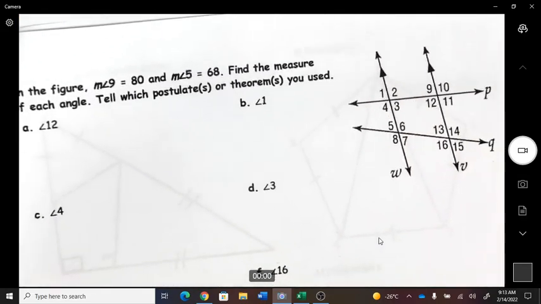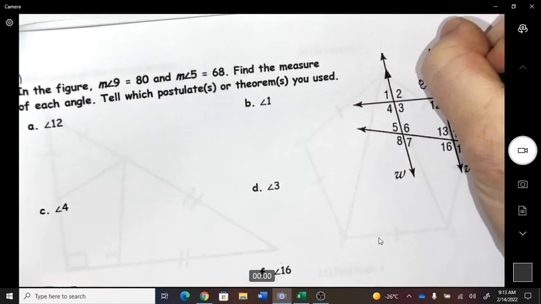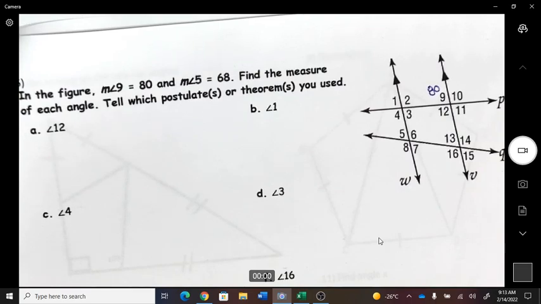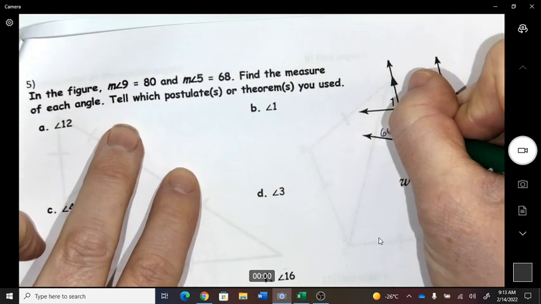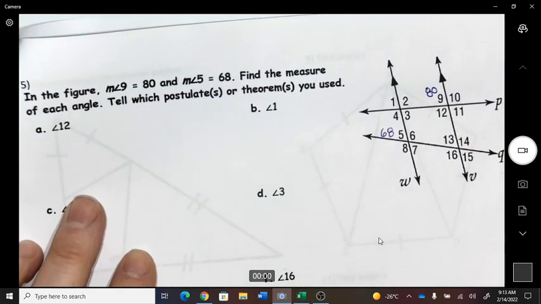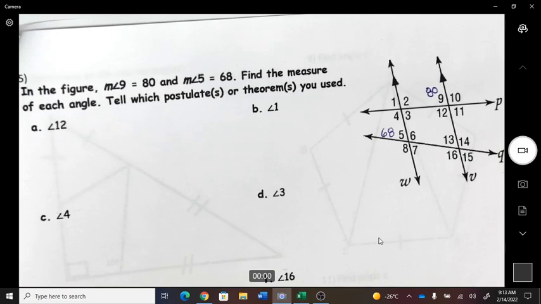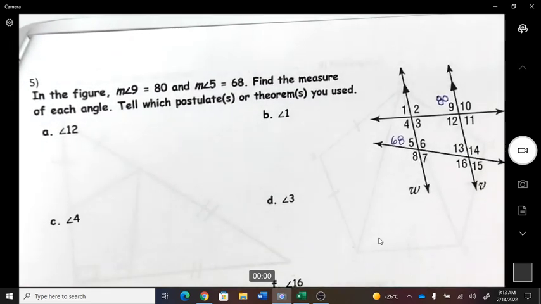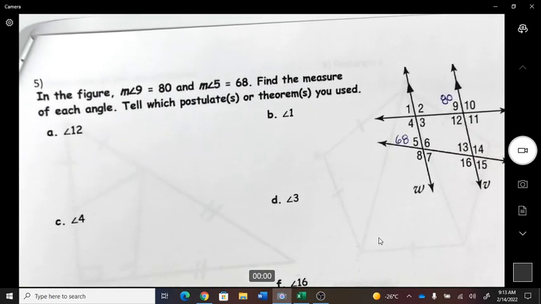Okay, in this figure, angle 9 equals 80 degrees, so I'm going to put it on there. So that's 80. Angle 5 is 68. Okay, find angle 12.